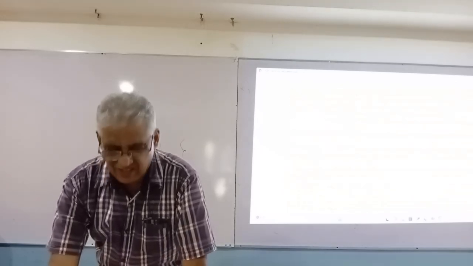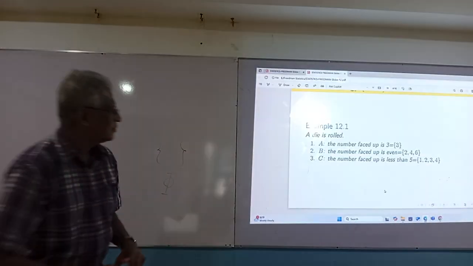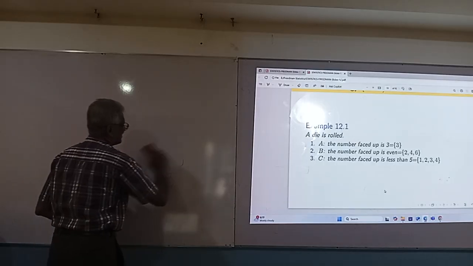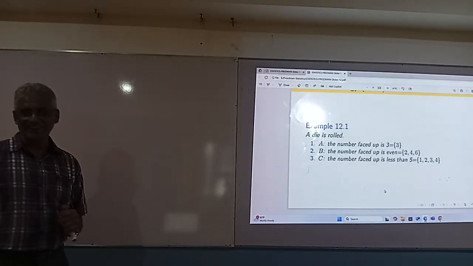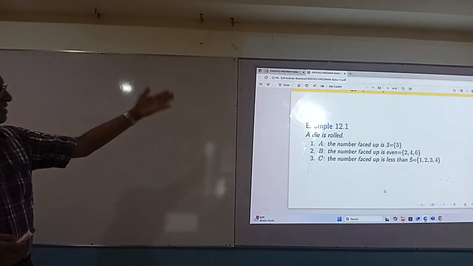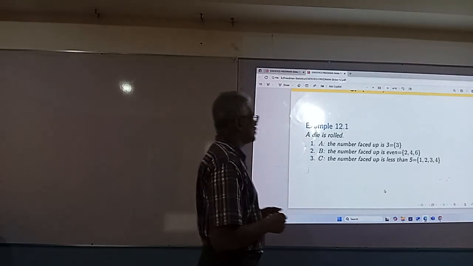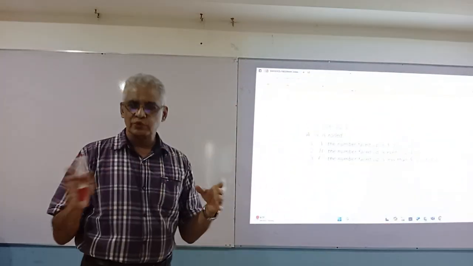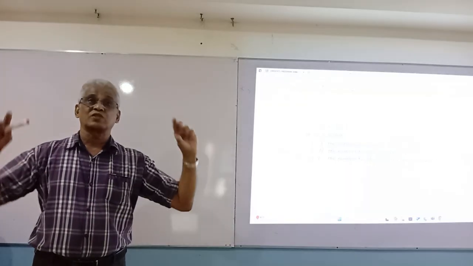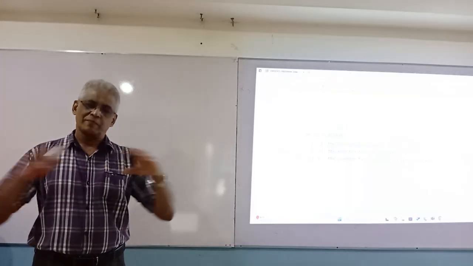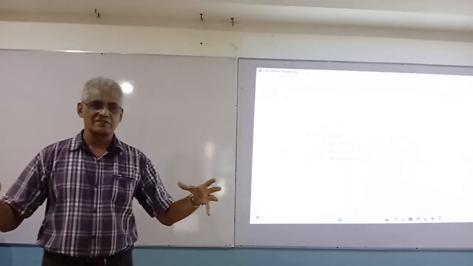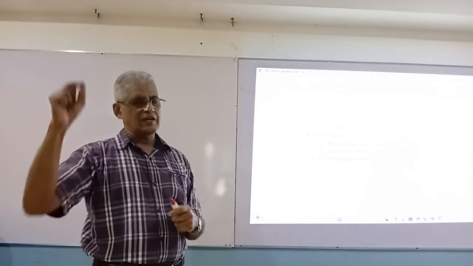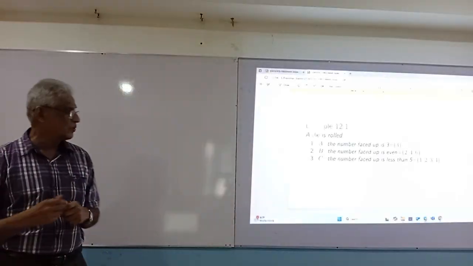Okay, let's look at just a very simple example. This might be boring, but let's look at them anyway. Let's consider an experiment. A die is rolled. Suppose this die has 6 sides. We are not going to talk about whether it's something called a fair die or not. But suppose it has 6 sides, and each side has a number 1, 2, 3 up to 6.